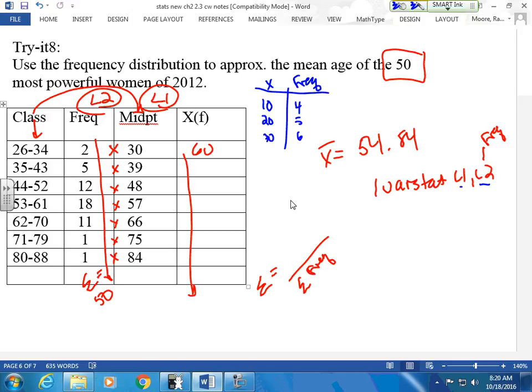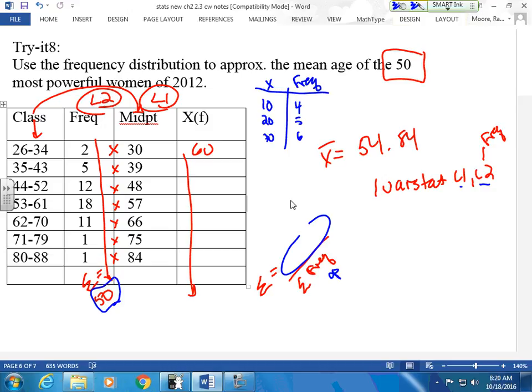What your calculator says is exactly what we did here. It's going to total this and divide by your frequency. I want it to divide by this number. So if I don't tell it which one is my right frequency, it's going to divide the other way around. It's going to make a difference. Not in this multiplication right here, but in this division right here, it's going to make a difference.